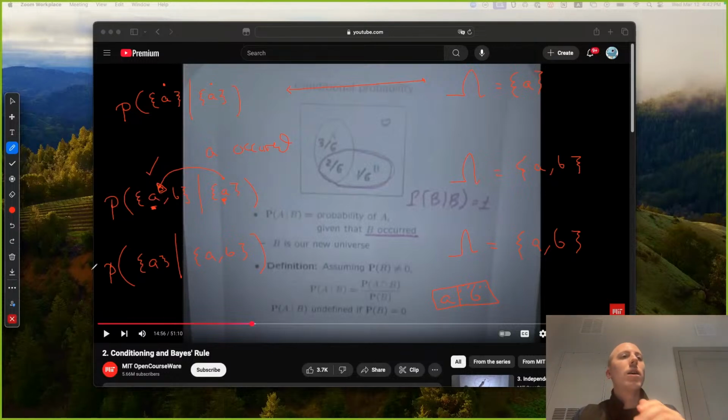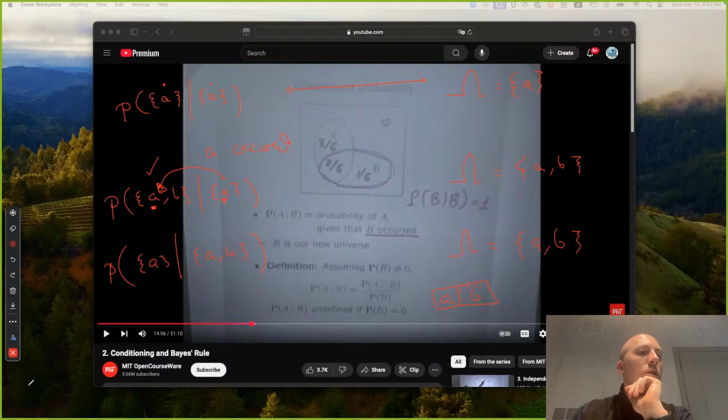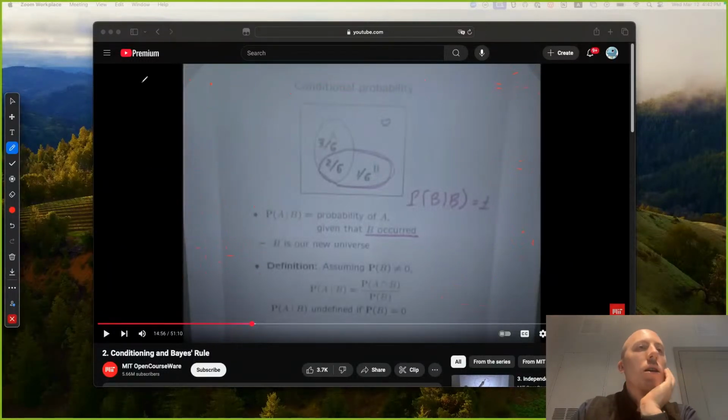So basically I just want to get an intuition for this kind of thing. So we have the probability of A given A, and this is equal to 1 because A completely covers A. It's a 1 to 1 kind of thing.